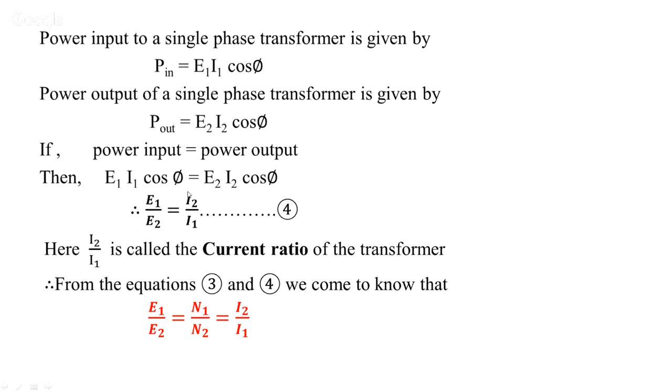If you move E2 to the denominator and I1 goes to the denominator on the other side, we get E1/E2 = I2/I1. This is called the current ratio of the transformer. So in all, we can write E1/E2 = N1/N2 = I2/I1.